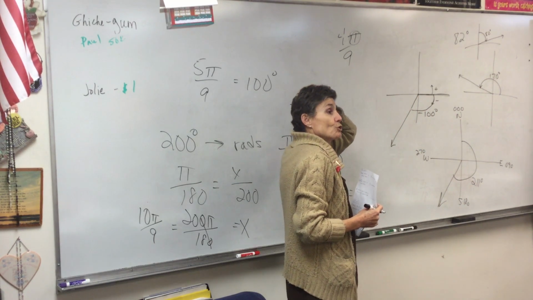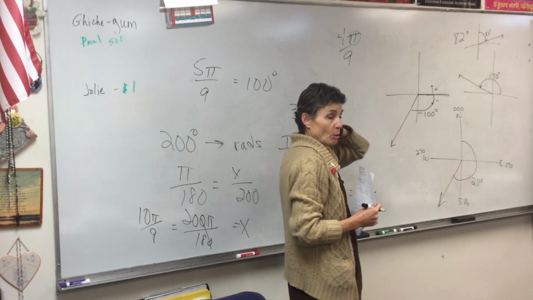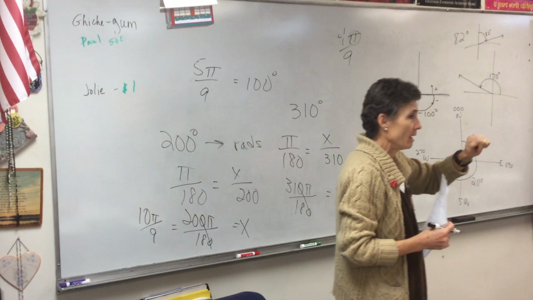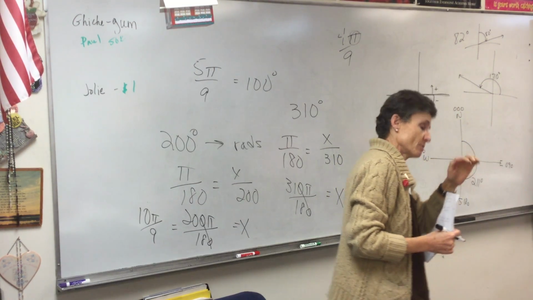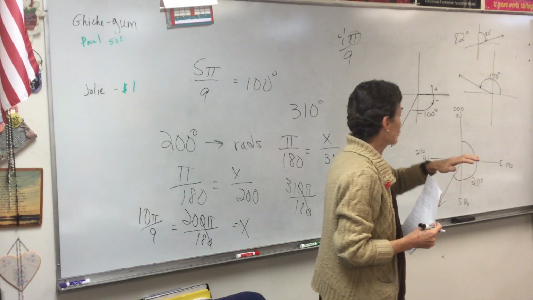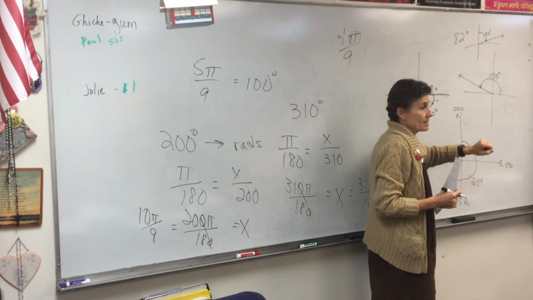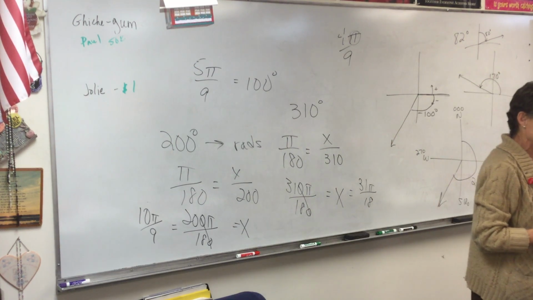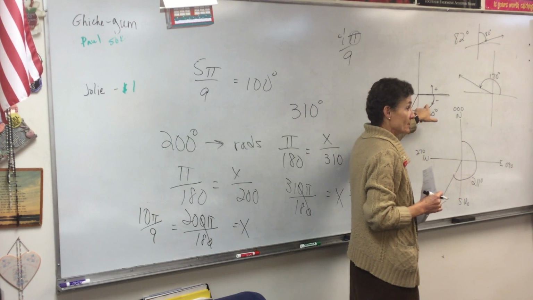All right, so there's 2 ways that we draw angles. If the problem has any mention of, here's a plane on a course, here's a ship sailing, here's a car driving, then you're going to want to go with your compass. If you are finding the sine of 200 degrees and you need to draw 200 degrees, then you draw it in standard position.